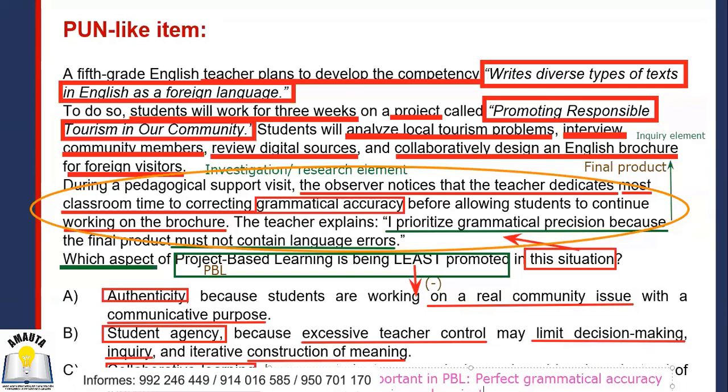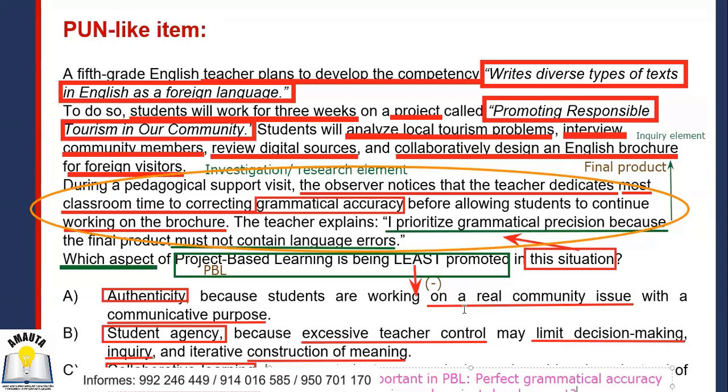There's no other purpose, right? If they are developing a project in 3 weeks, the idea is that all the groups reach the final product, right?